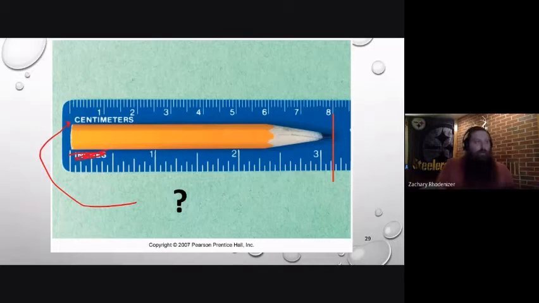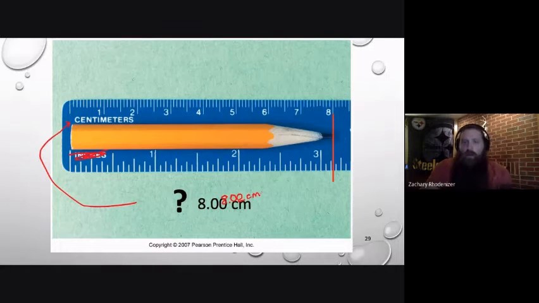Well, we have the ones place, so we definitely are going to write the ones place. We have a tenths place, so we have to write the tenths place. We don't have a hundredths, so our last digit is a guess, and I always have to have a unit. So 8 centimeters it is. All right, so that's how you make a measurement. That's how we know how many digits to go to.